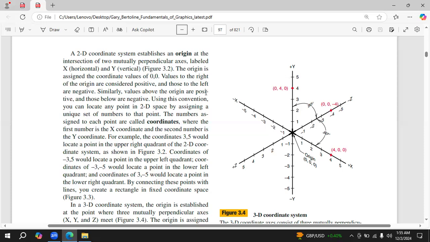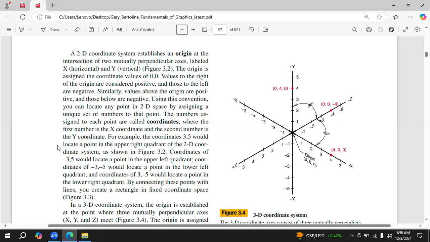So using this convention, you can locate any point in 2D space by assigning a unique set of numbers to that point. The numbers assigned to each point are called coordinate points, where the first number is always taken as the x coordinate and the second number as the y coordinate.